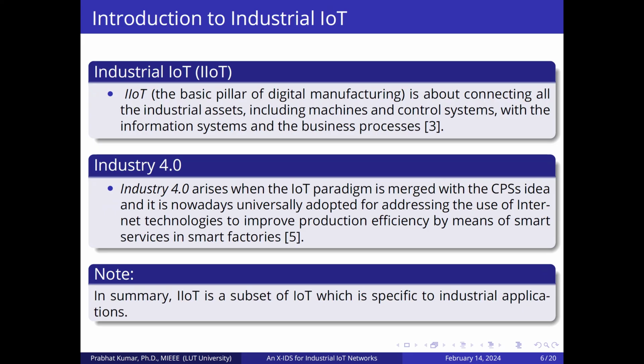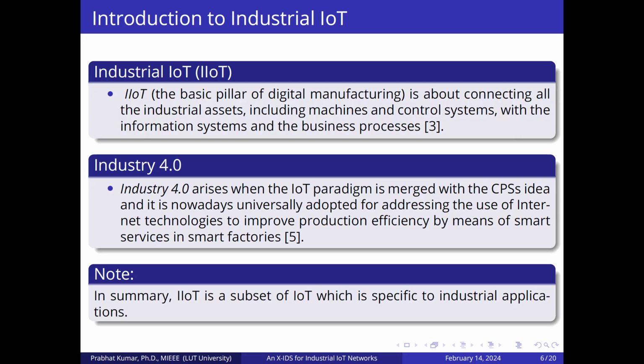So when you merge this IoT with cyber physical system, you get a new paradigm which we call Industry 4.0, and the ultimate goal is to use the concepts of IoT and cyber physical system to improve production efficiency in any manufacturing plants or in any smart factories.